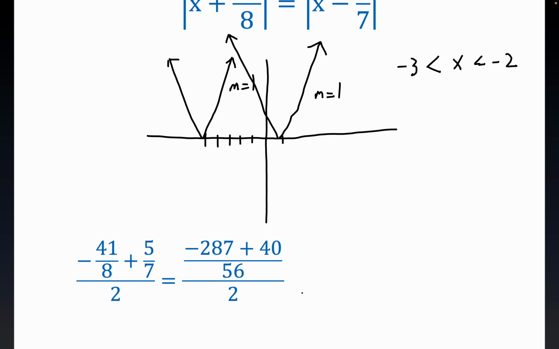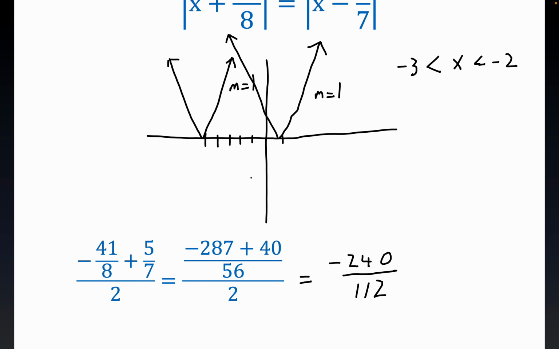Now let's see, what do we get here? When you add that up, you would get minus 240 over 56. But it's half of that, so it would be minus 240 over 112.